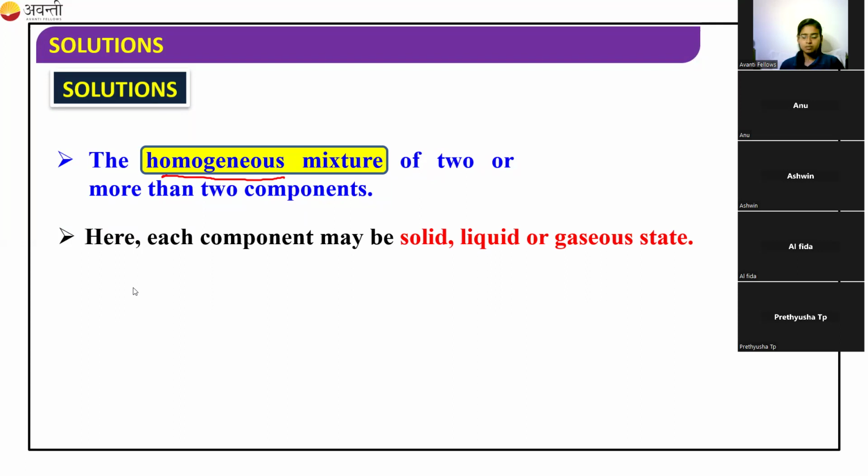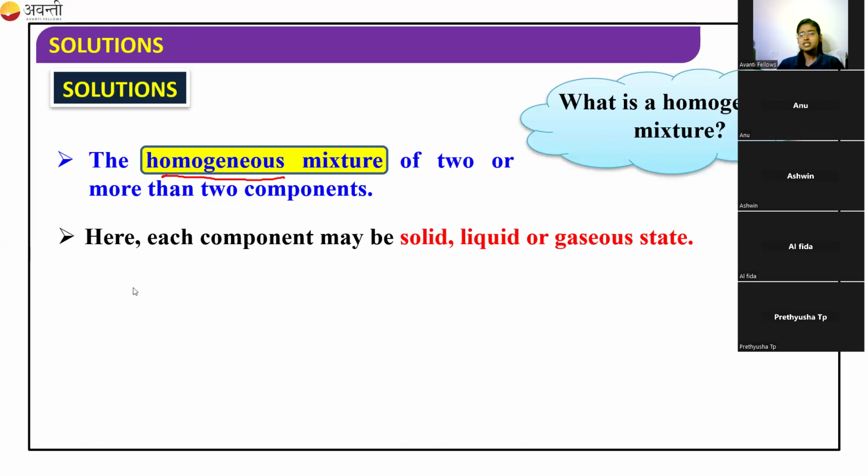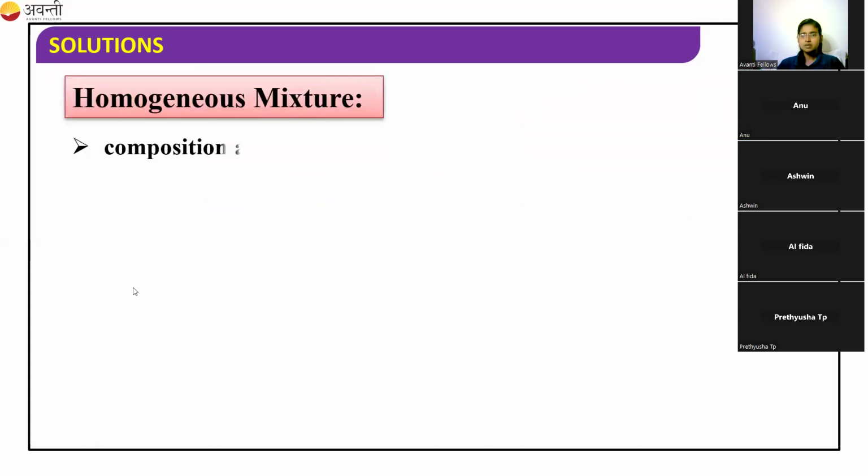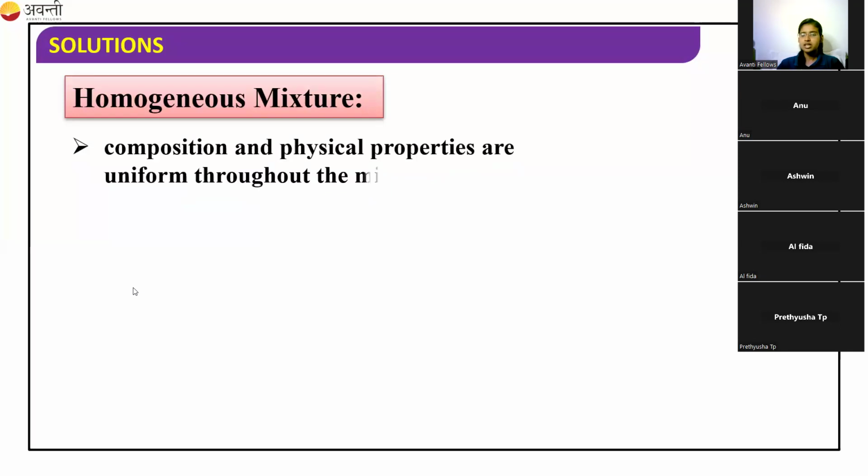Now, what is a homogeneous mixture? Homogeneous mixture means the composition and physical properties are uniform throughout the mixture. Composition means the chemical formula.